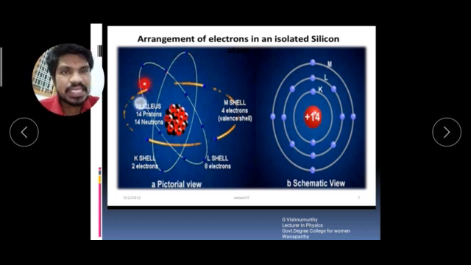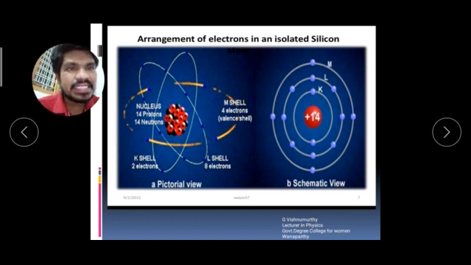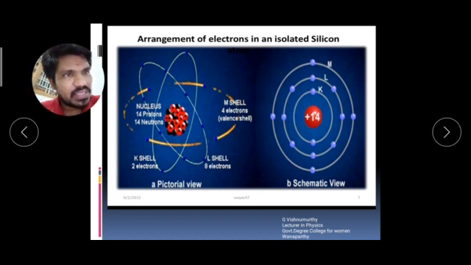Here you see, the K shell contains only 2 electrons, the L shell contains 8 electrons, and the M shell contains 4 electrons. The total electrons are 10 plus 4 equals 14.